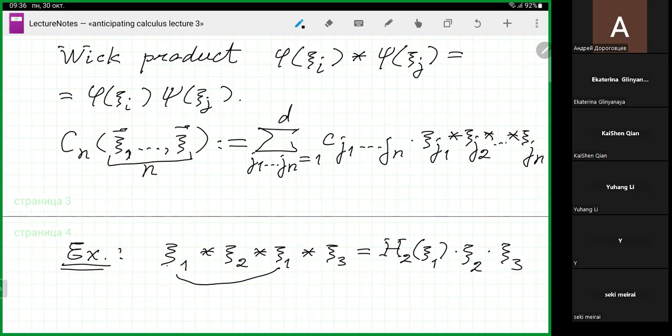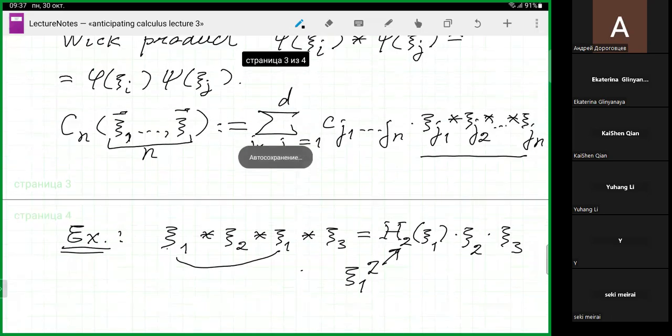So what we are doing, actually calculating this weak product, we collect the same random variable, organize the power, and change this power onto the corresponding Hermite polynomial. Exactly here we collect psi1 two times, and instead of writing psi1 square, we just write the Hermite polynomial of the same degree. This is the idea of the organization of our powers.